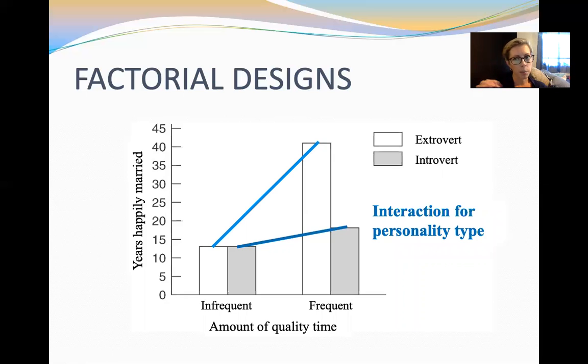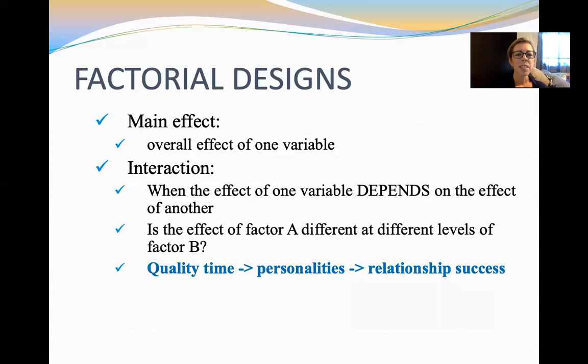This, again, is hypothetical. So the main effect is the overall effect of one variable. So you could see that in those graphs. The interaction is where the effect of one variable depends on the effect of another variable. So it may not be present in the absence of another variable.